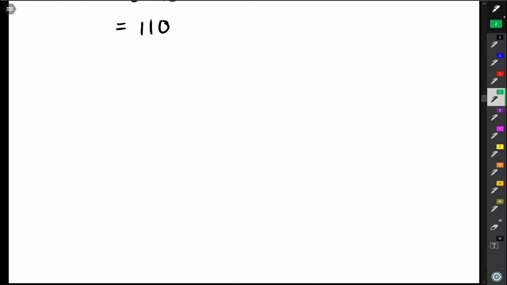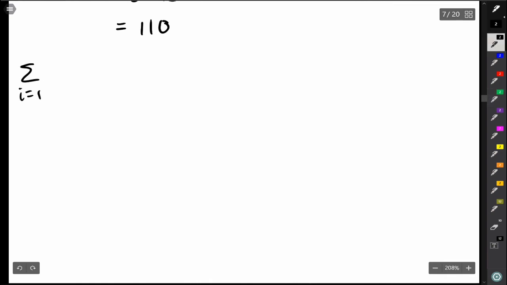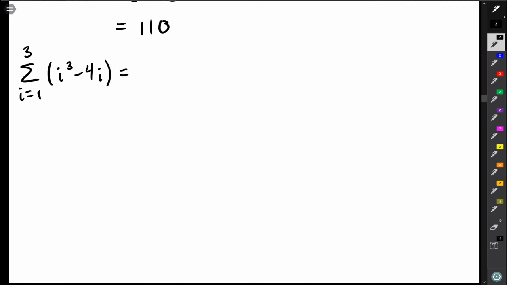Let's look at the sum from i equals 1 to 3 of i cubed minus 4i. It's quite possible to get something like this.